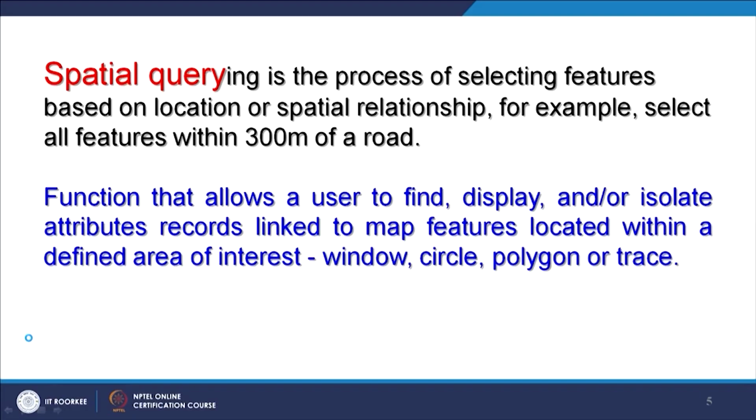As you know, in our GIS database, both spatial and non-spatial attribute data have a dynamic link between them. So if I do a search or query over attributes, at the same time my spatial objects are also selected, and vice versa: when I perform a query on my spatial objects, at the same time my attribute information is also selected. I earlier demonstrated this through a demonstration class also.